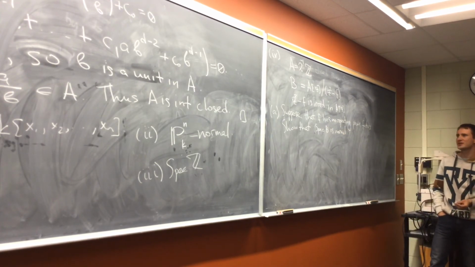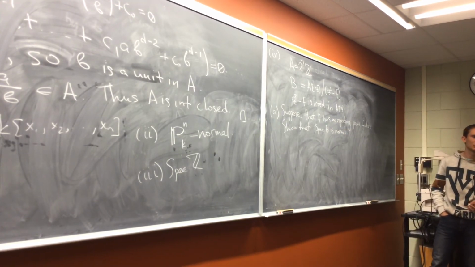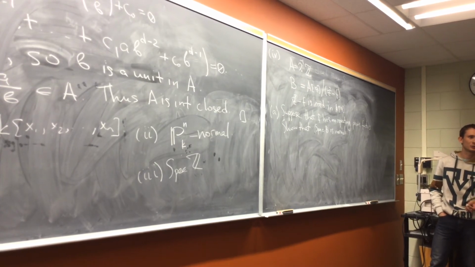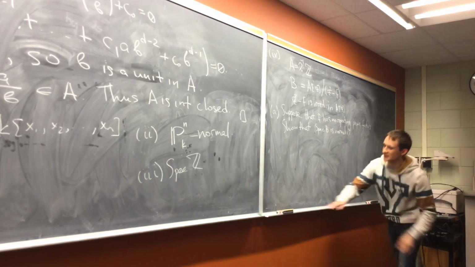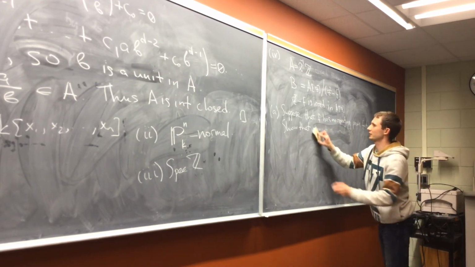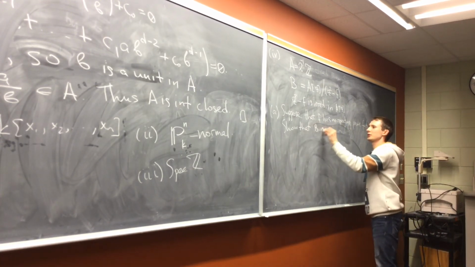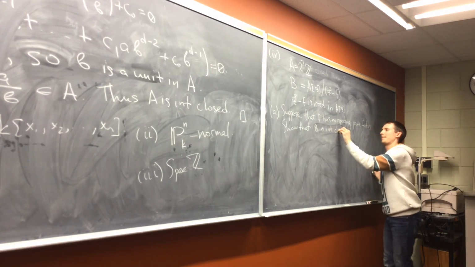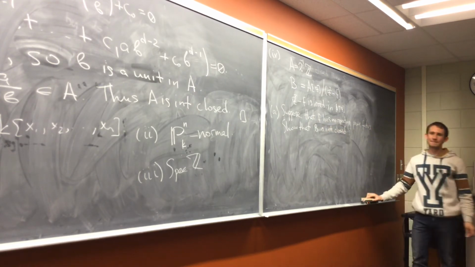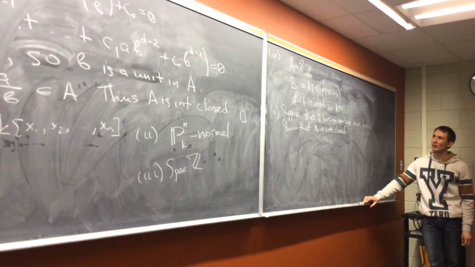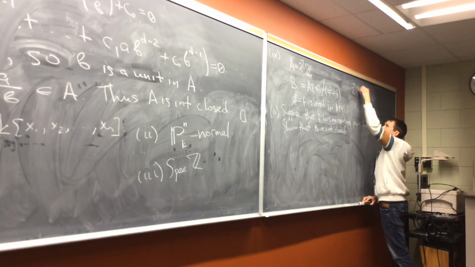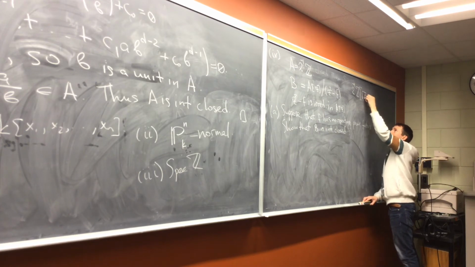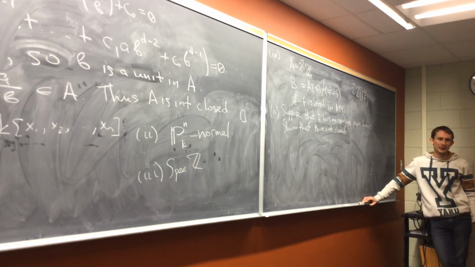Or the same thing: B is integrally closed. Right? So that's what I'm going to do. Show that B is integrally closed. Okay? So essentially I'm looking at a construction of this form: Z[1/2] adjoin root f. Right? That's what it is.